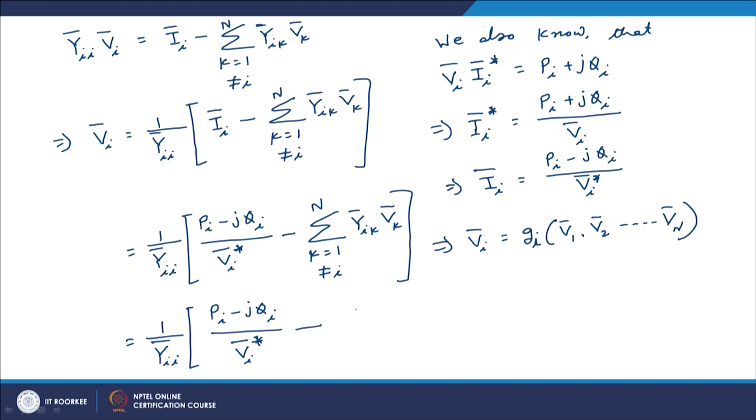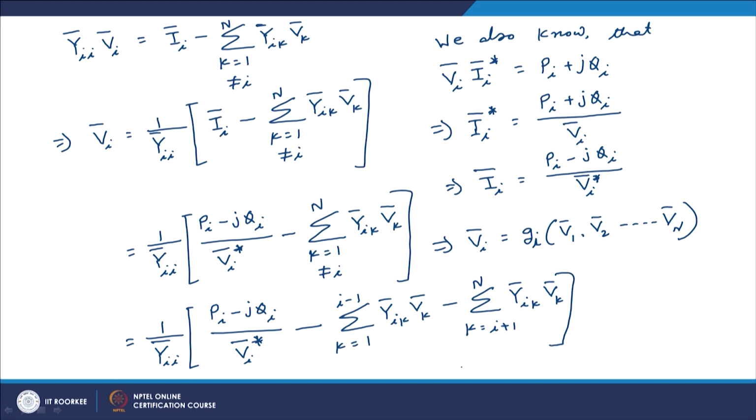In the first part we take k equal to 1 to i minus 1, Yik Vk, and in the second part k equal to i plus 1 to n, Yik Vk.